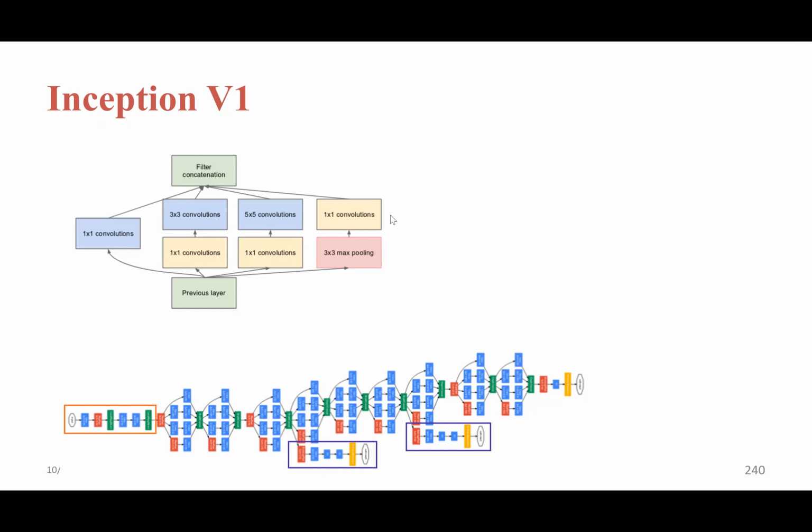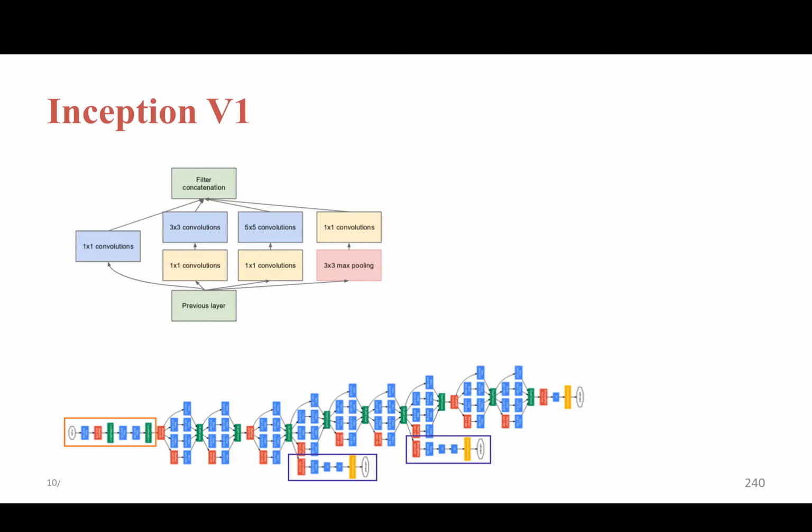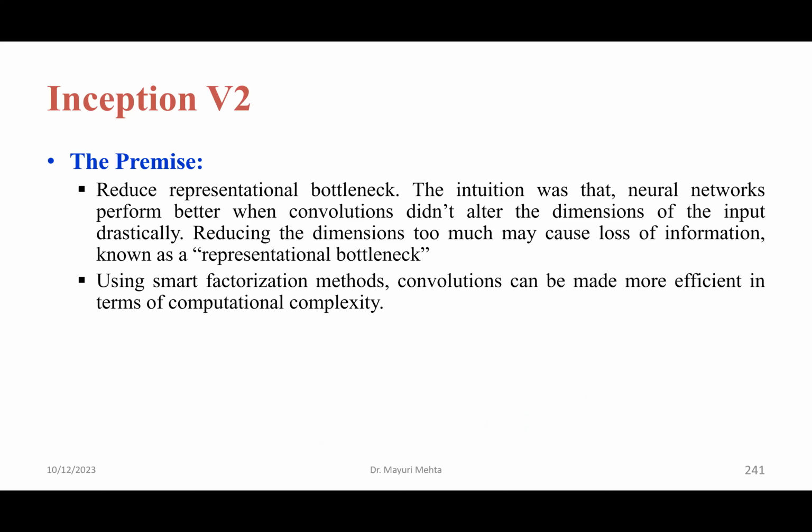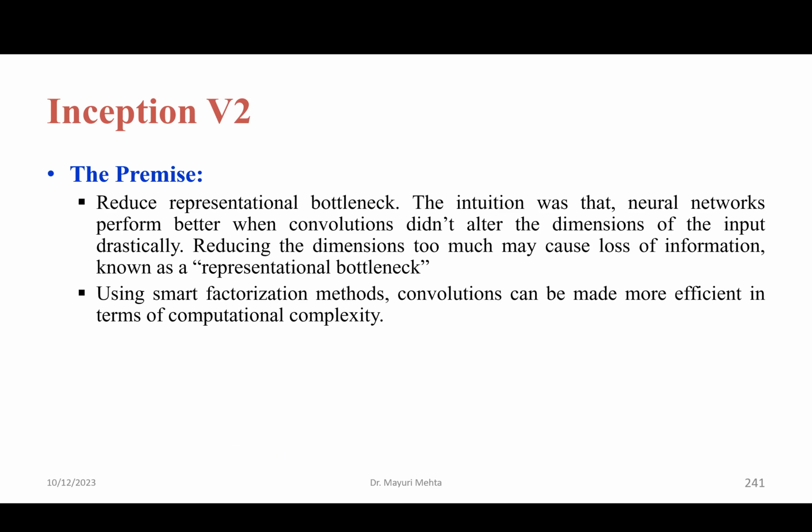So this is how Inception network version 1 was proposed. After that, Inception Net version 2 was also proposed. There are in fact 4 versions of Inception network. Inception version 2 and Inception version 3 were presented in the same paper.